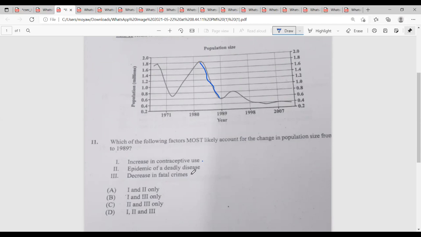The population will increase if there's a decrease in fatal crimes. So we know that definitely 2, epidemic of deadly disease will definitely cause the population size to decrease. Then decrease in fatal crime will cause the population size to increase. So the best option here would have been A.